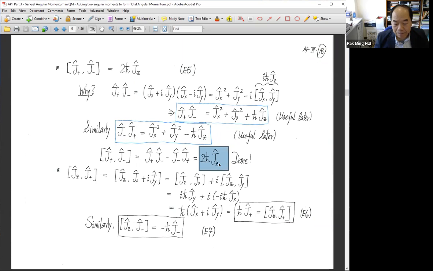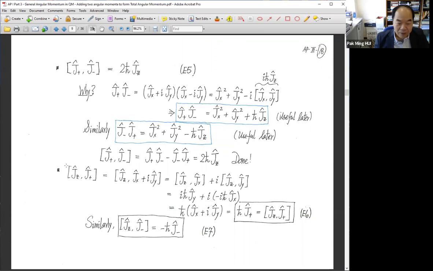Done, okay? A remark. If we add a Jz square here and subtract it out here, you see a J square combination, Jx square plus Jy square plus Jz square, okay? And that will also be useful later.